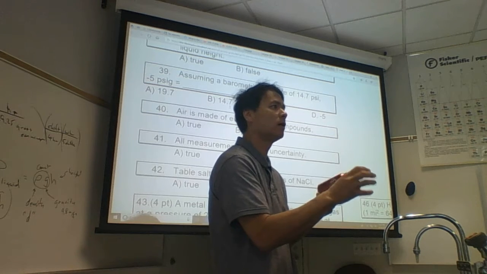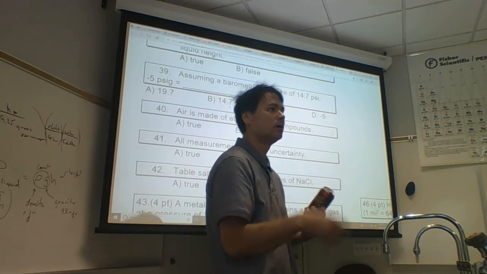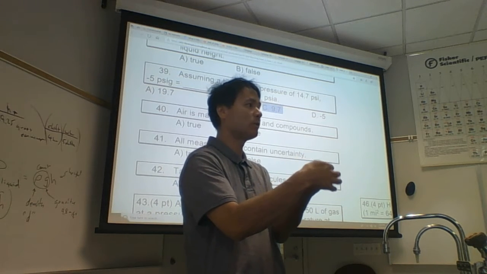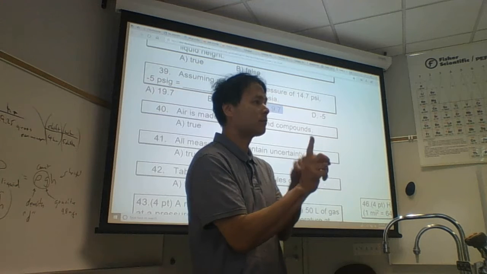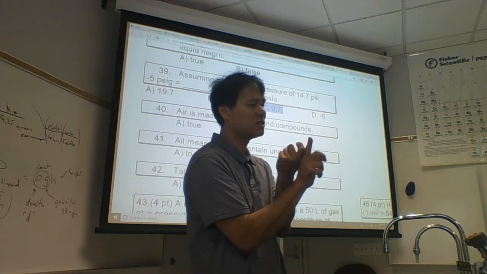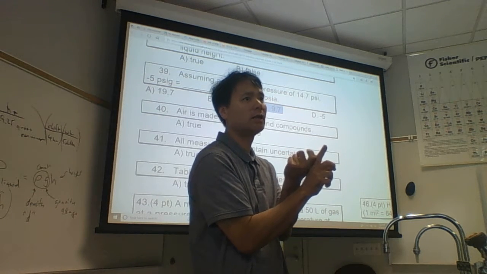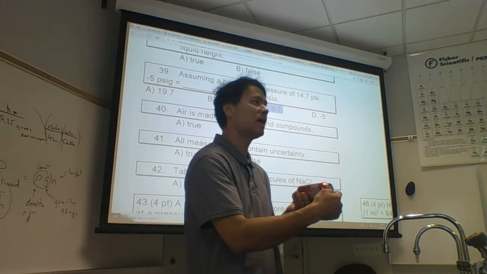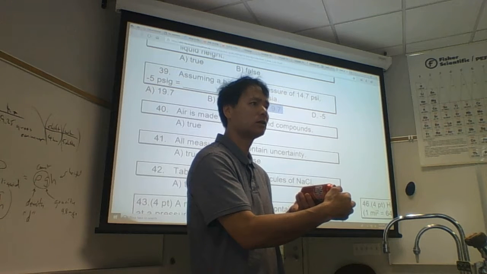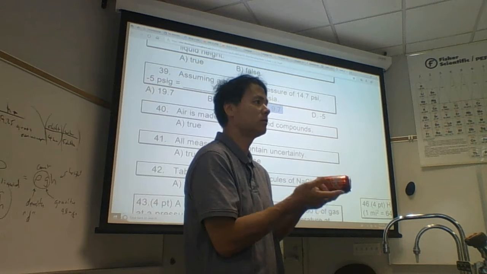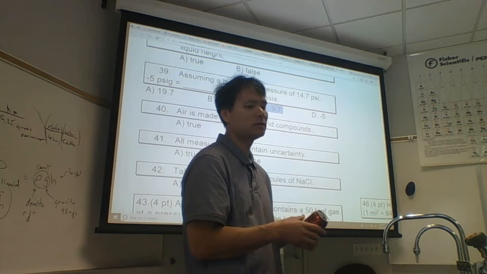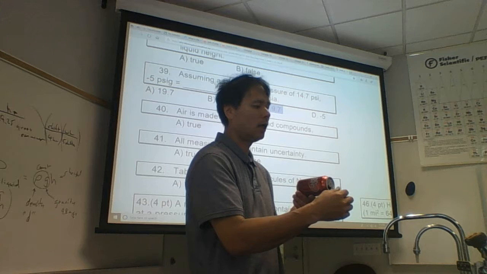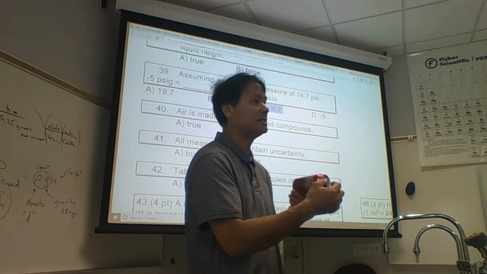If I bought a pressure gauge, like I bought some barbecue tanks, barbecue tanks have a little pressure gauge for the propane. If that propane gauge went to 0, then that tank is empty, but is it really empty? If I put that barbecue pressure gauge on this can, is it going to register pressure? It's going to be empty. There's no air pressure in here. So if I measure the air pressure inside this can with a barbecue pressure gauge, it's going to read 0.